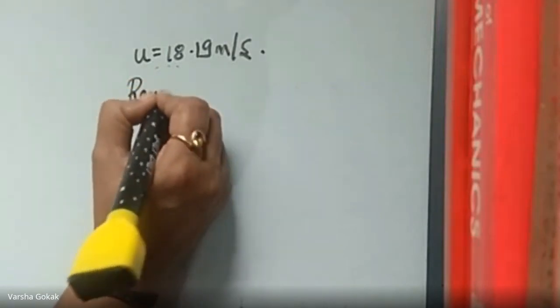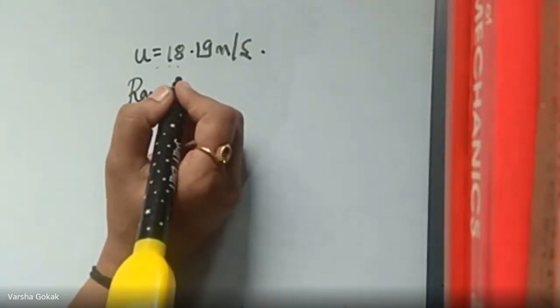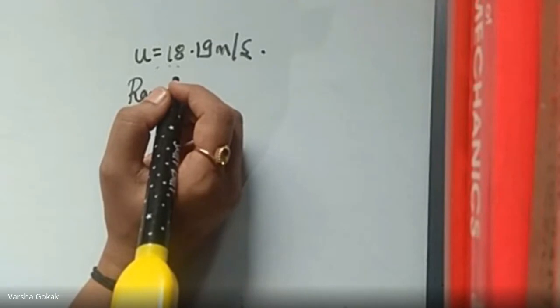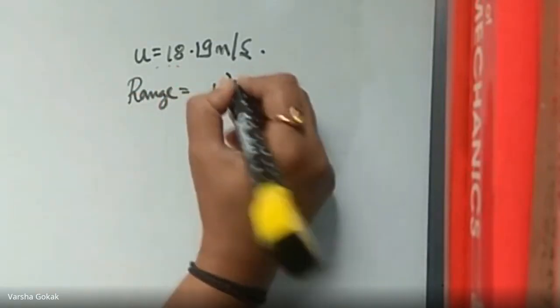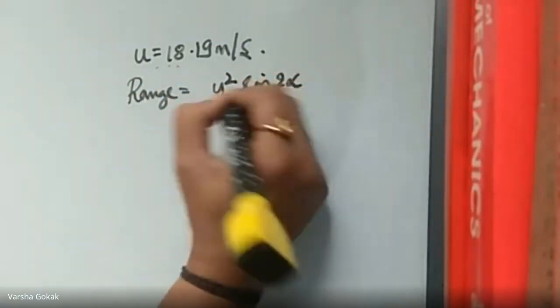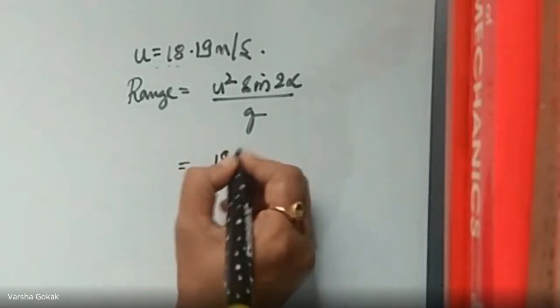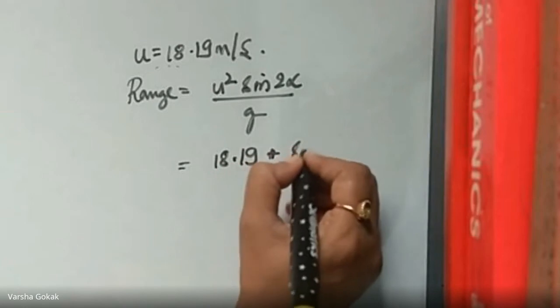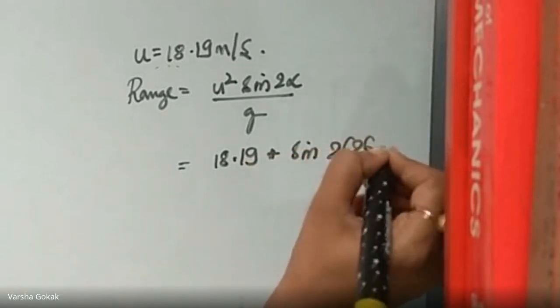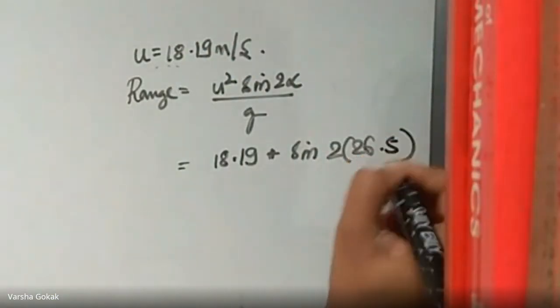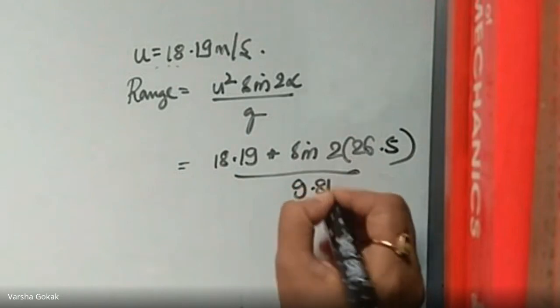Then I have to calculate the range. What is the equation for range? U square sine 2 alpha divided by g. Correct. Substitute: 18.19 square into sine of 2 times 26.5 divided by 9.81.